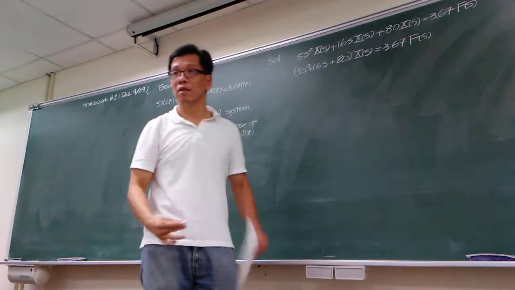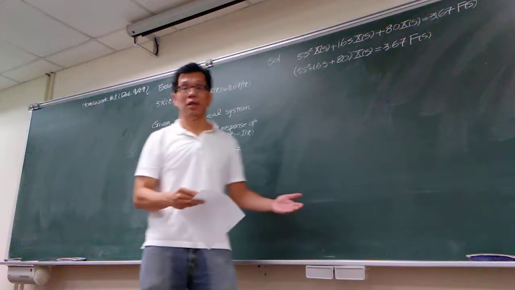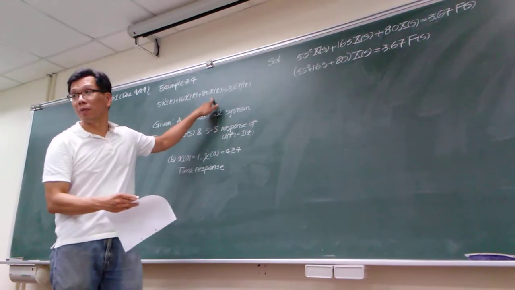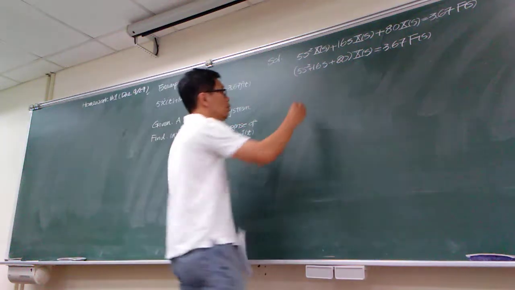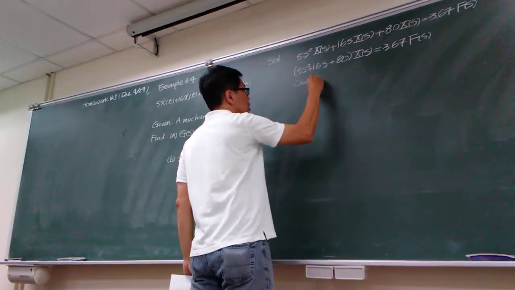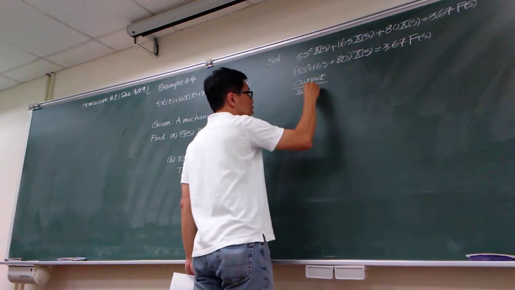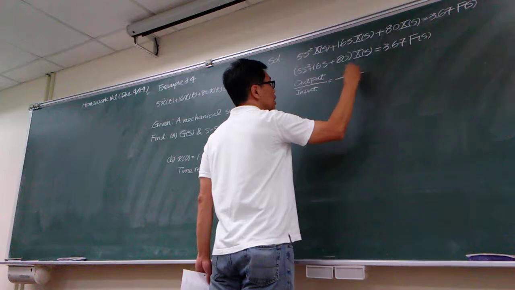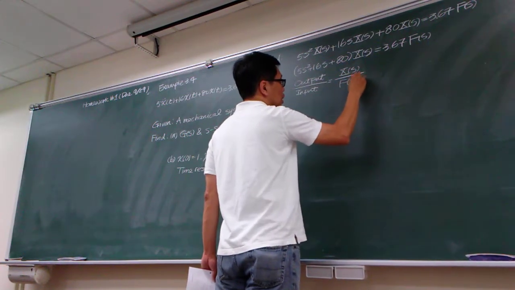What is my output and what is my input? In this case, my output is going to be the position, my input is going to be the force. So it is going to be X of s over F of s.